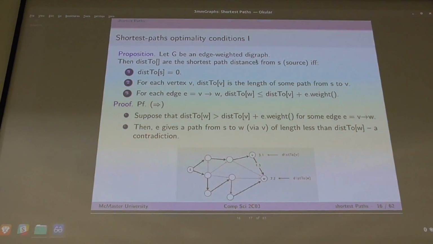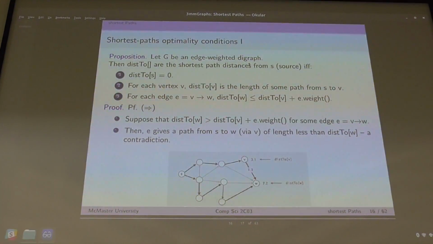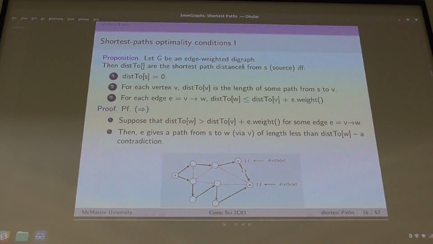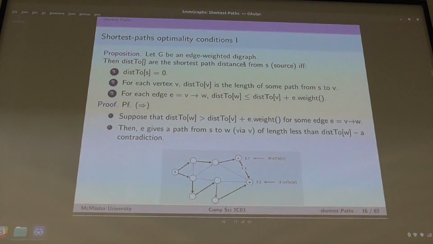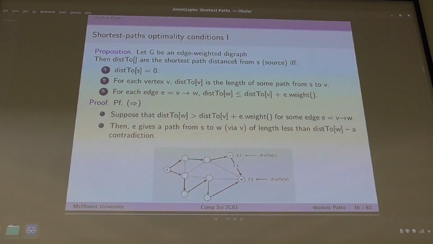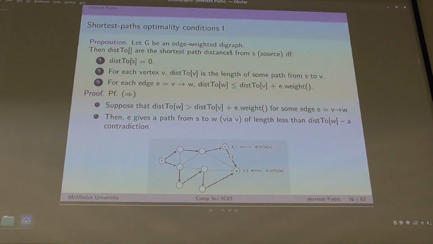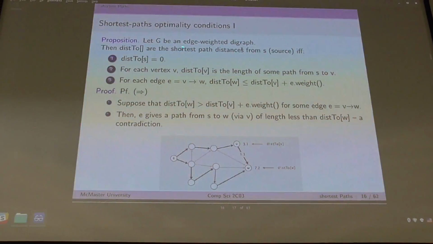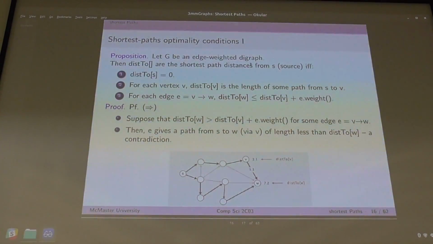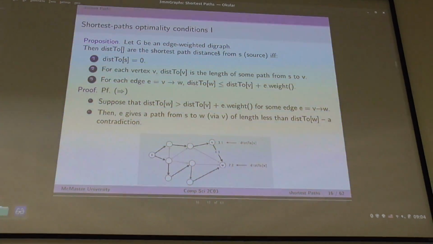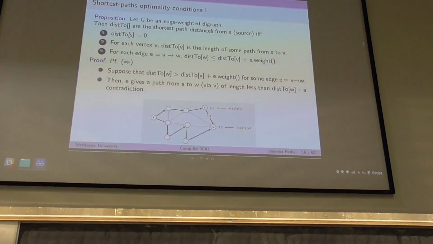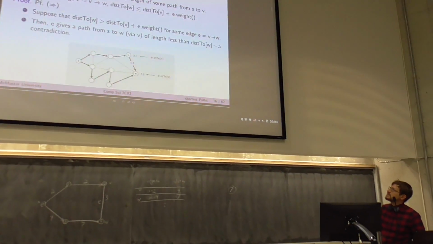we'll talk very briefly about the minimality conditions. This should be reasonably intuitive from the words shortest path, right? But, so let G be an edge-weighted digraph. Then distTo are the shortest path distances from s if and only if distTo[s] is equal to 0.